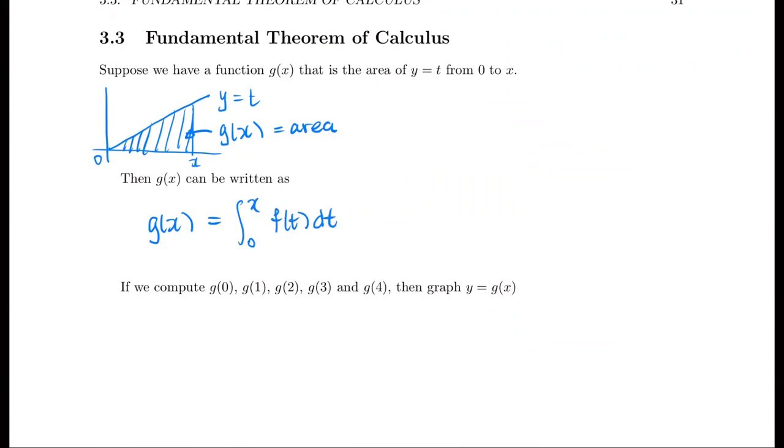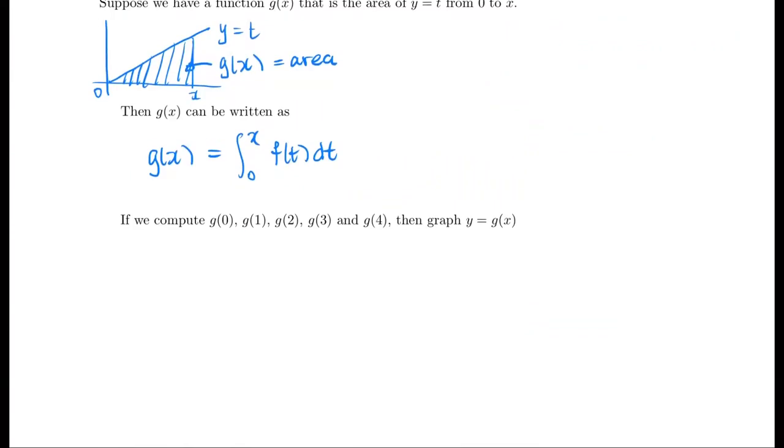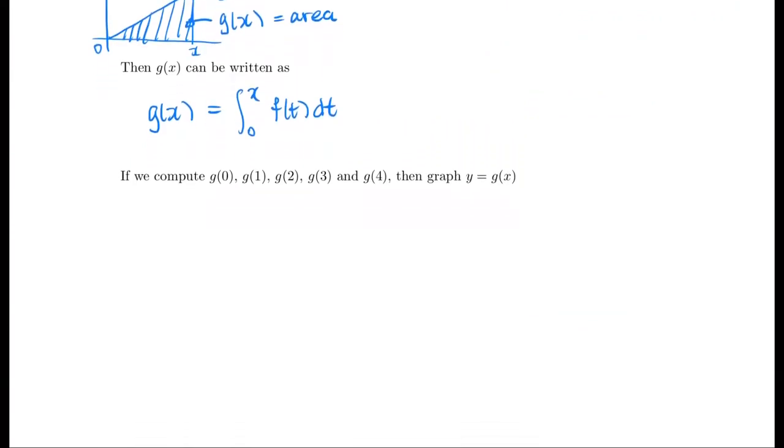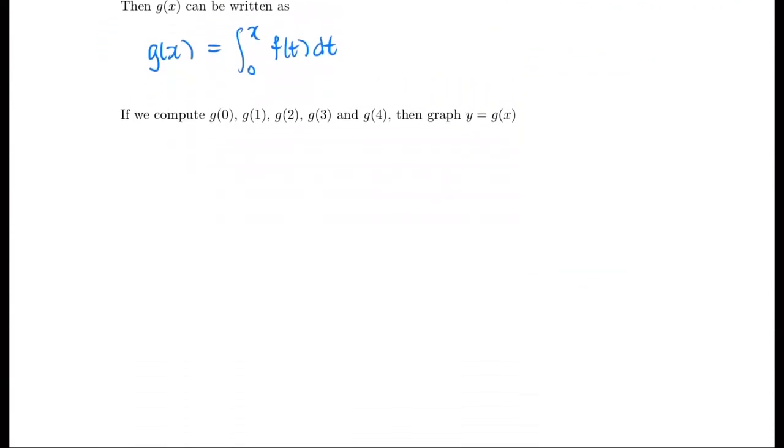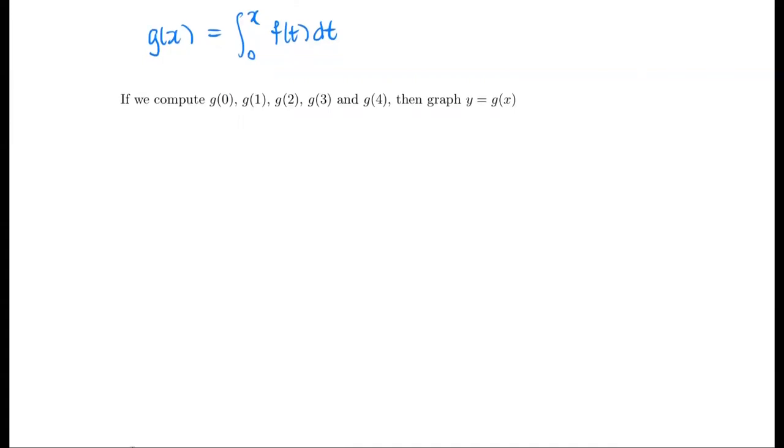So that means if we compute g of 0, g of 1, g of 2, g of 3, and g of 4, and then graph y equals g of x, let's find the values.